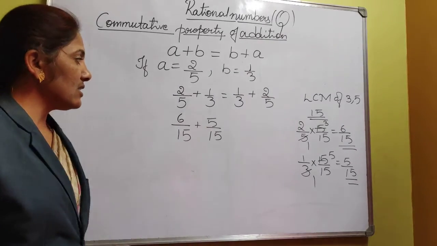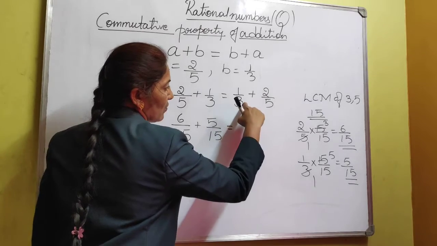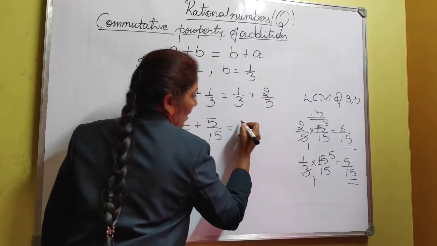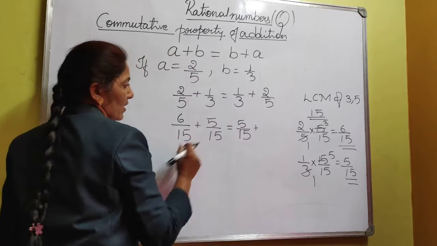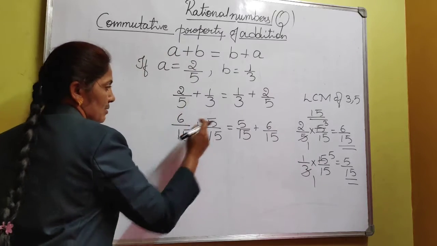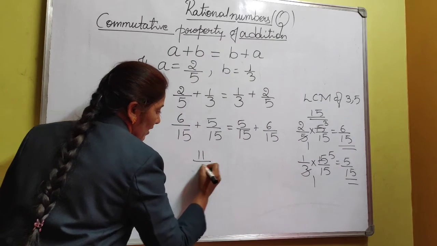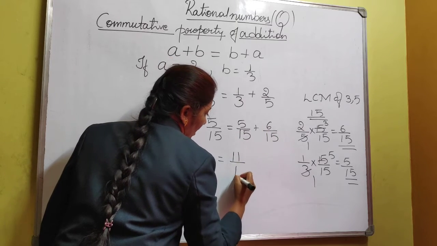I will interchange the places of these two rational numbers and write 5 by 15 plus 6 by 15. 6 plus 5 is 11 by 15, and 5 plus 6 is also 11 by 15.